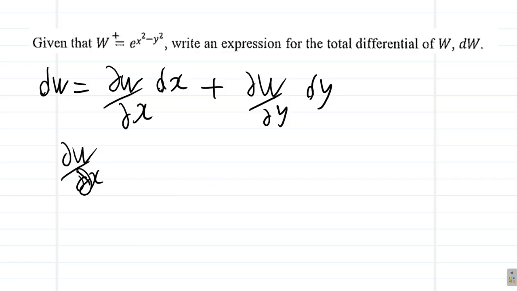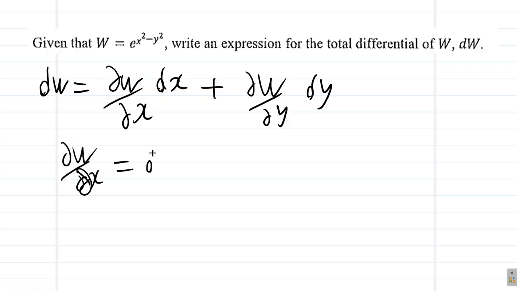Now, if you have been practicing your chain rule, you'll be able to see how this works quickly. You have a function of a function. This is called the inside function. If you differentiate it with respect to x, you get 2x.